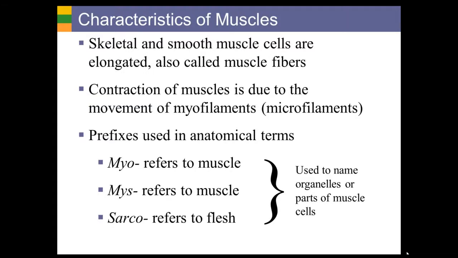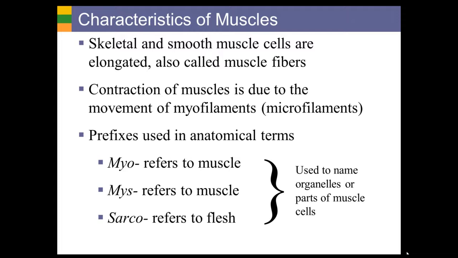There are 3 types of muscles: skeletal, smooth, and cardiac. Skeletal and smooth muscle cells are relatively long and thin, and because of that anatomy, they're also referred to as muscle fibers. So when you read the term muscle fiber, it is simply a muscle cell.